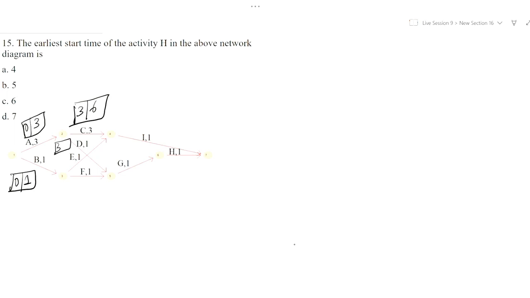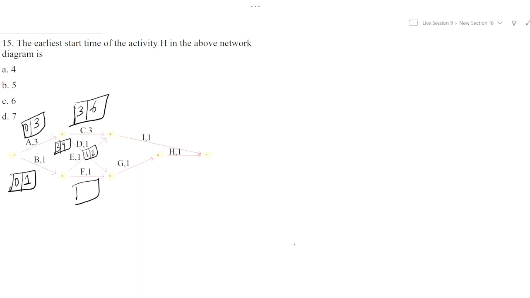Now when it starts from 2, we have to see which is the least time. It is 3 and 4. For activity E, it is 1 and 2.